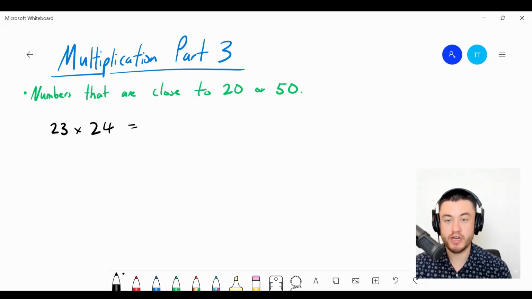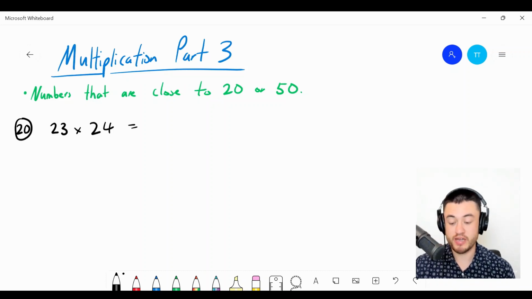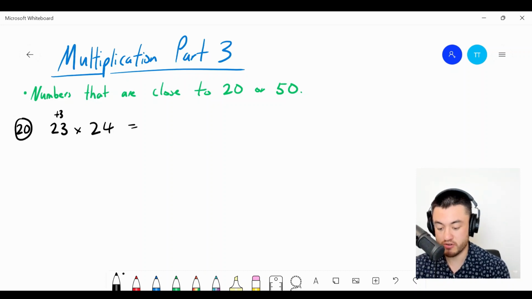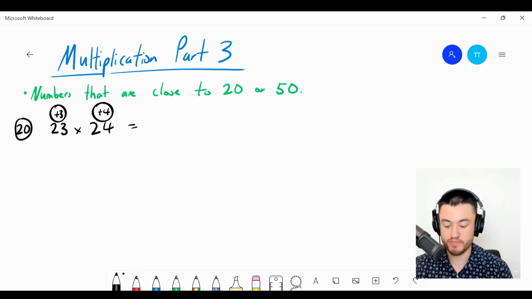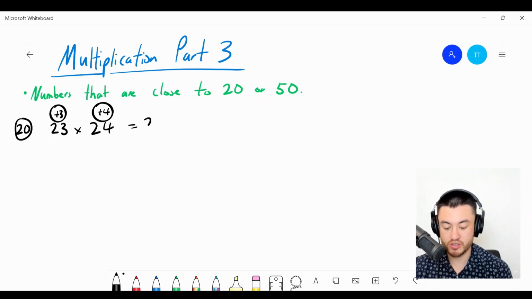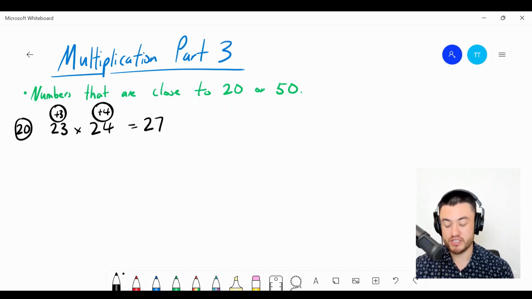So as before, we write our reference number to the side and circle it. And then we write how far it is away from the reference number. So here we have 3 above, so I'm going to circle plus 3 above and then plus 4 above the 24. And now we're going to add diagonally, so whether we do 3 plus 24 or 23 plus 4, we get 27. We multiply by our reference number 20.